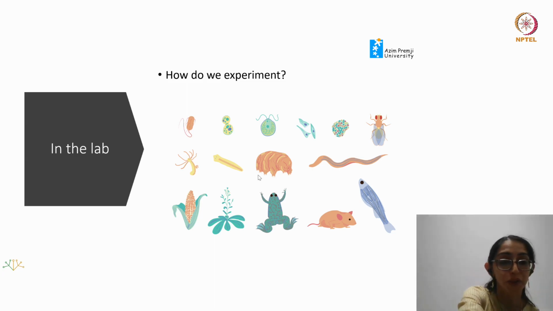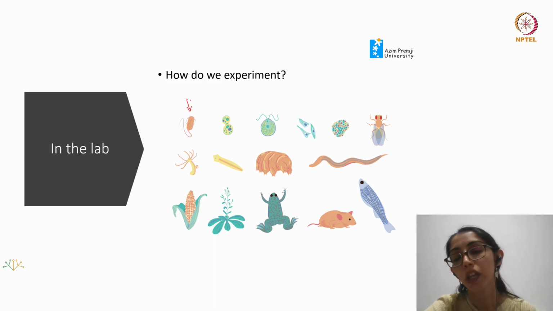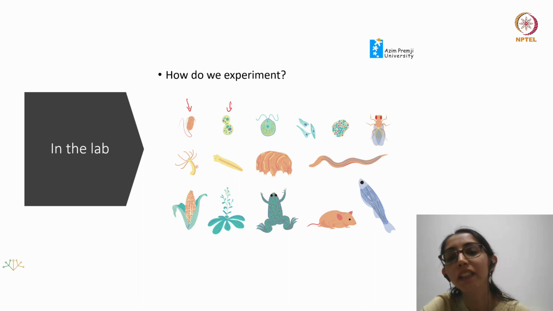The most commonly used model organism is E. coli, and E. coli has been used to study very many different aspects of cell biology, everything from cell motility to cell division, cell size, etc. Budding yeast, that's what's shown here. Budding yeast has been used to study the cell cycle.